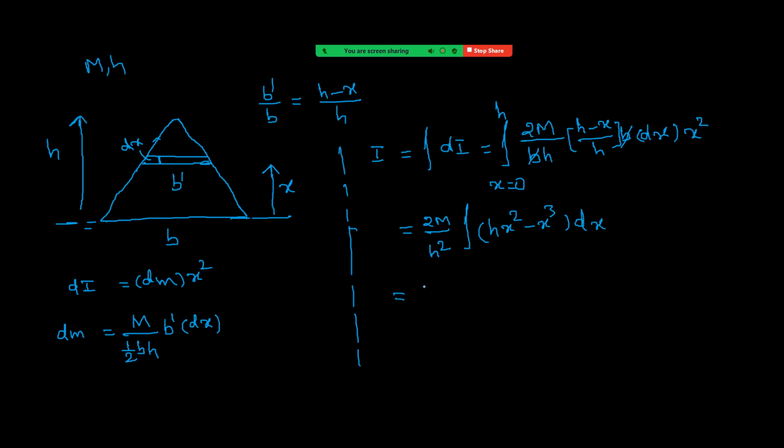Now see the remaining calculation: 2m by h square. This becomes h into x cube by 3, that is h cube by 3, minus x cube dx, h power 4 by 4, with limits 0 to h.